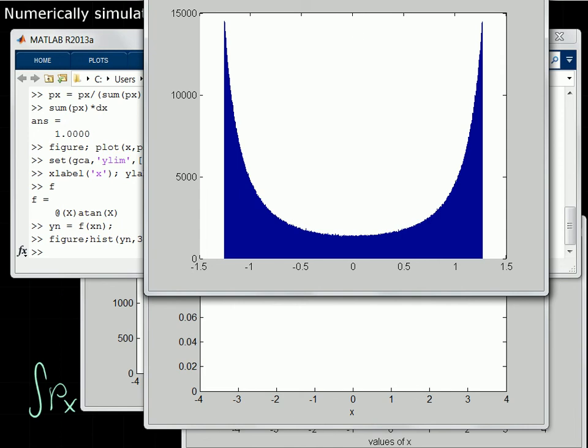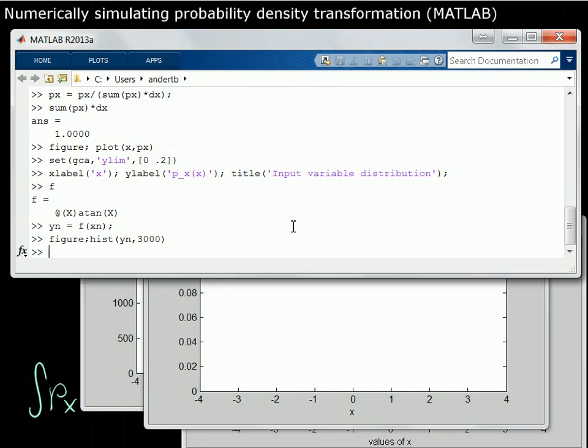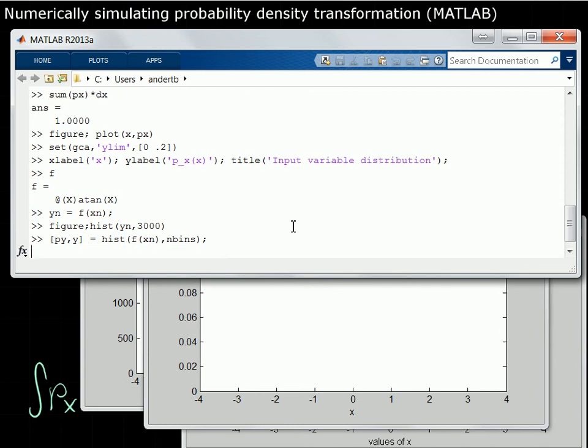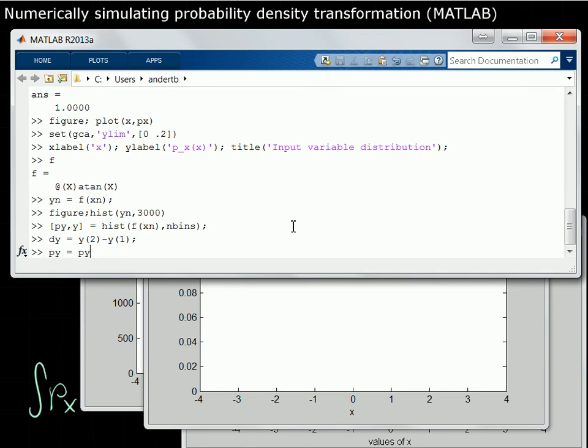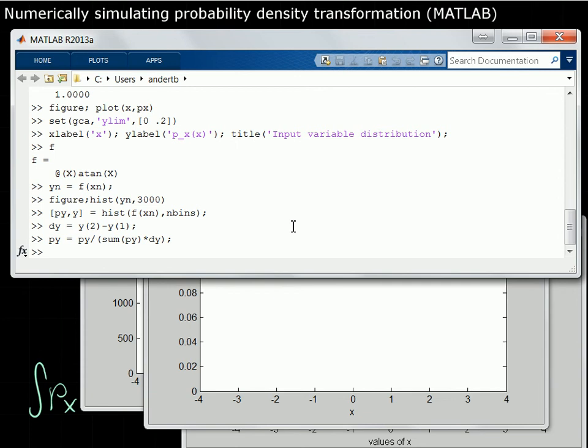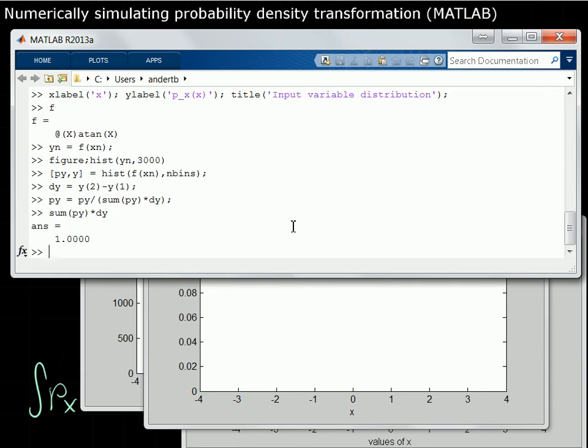And let's actually do what we did with our previous result where we pulled out the densities and we find the dy value, y2 minus y1, so that we can normalize this density by dy, where now its integral is also 1.